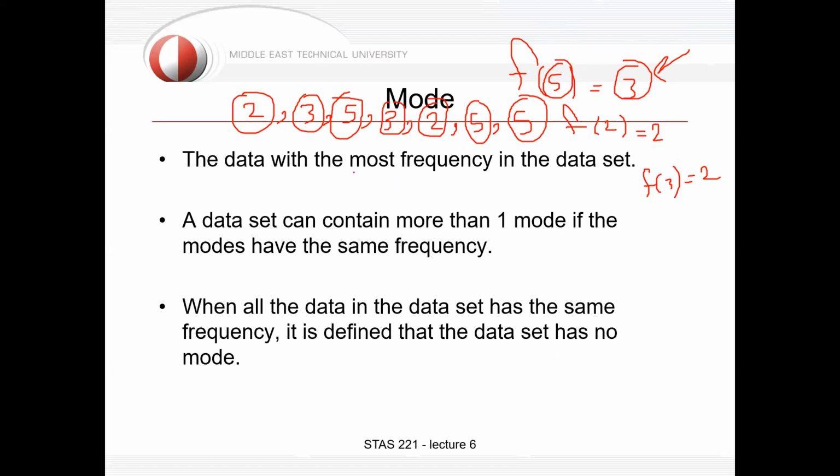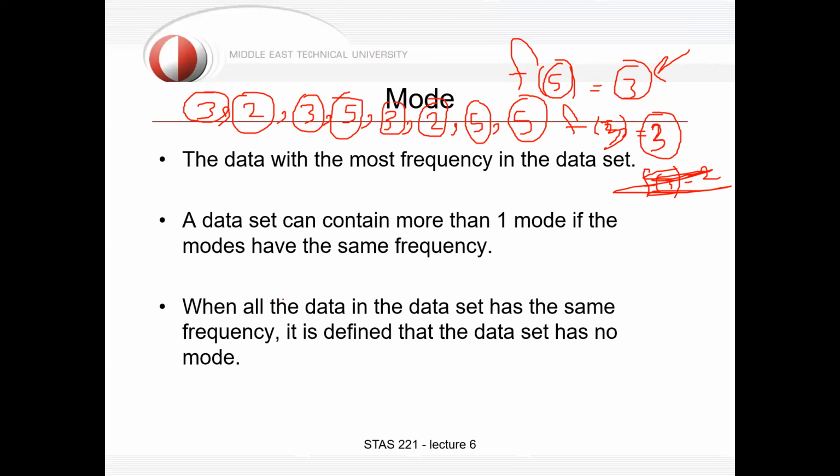So what if we had another 3 here? Then we would have 2 modes, because here the frequency of number 3 would be, sorry, this is number 2 actually. Let's say this is number 3, forget about this part. So here we have 3 times 3 and 3 times 5. Then your mode will be both 5 and 3, okay?